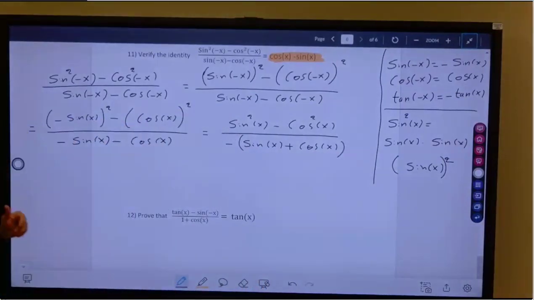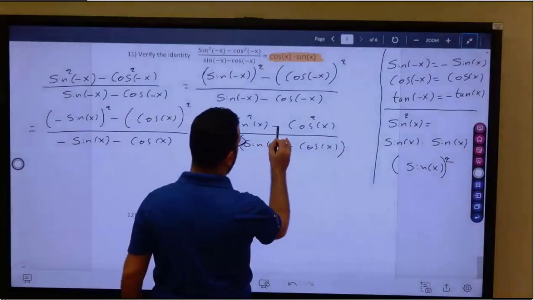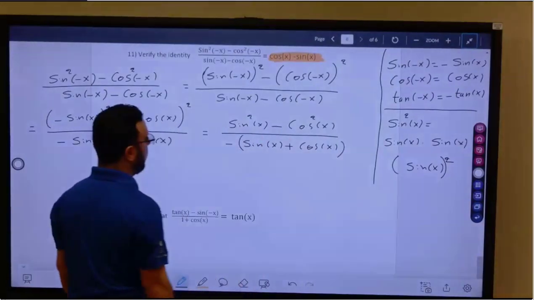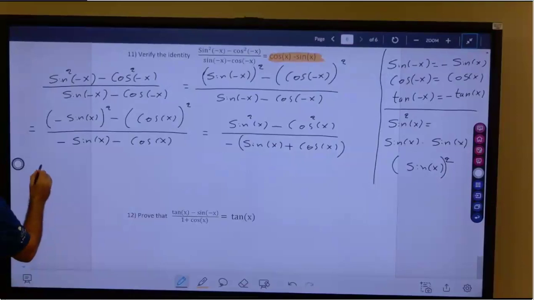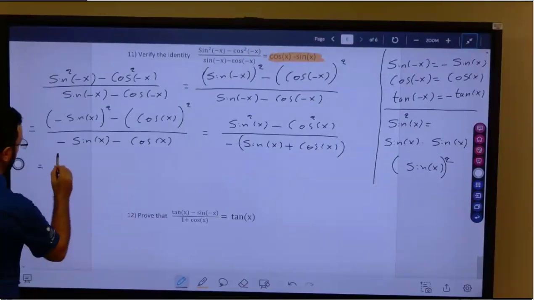Now, think about that. What's the next step? It's minus between two squares, so I can factor this one by using the difference between two squares.